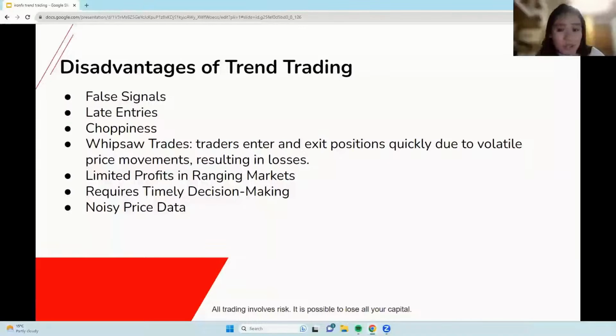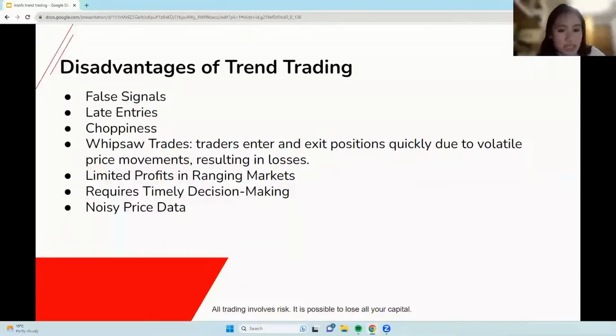Choppiness is our third disadvantage. Although I mentioned that we are looking for trending markets, you want to stay away from really volatile or choppy markets, because these trends tend to be short-lived and erratic, leading to frequent changes in direction and difficulty in capitalizing on sustained trends.